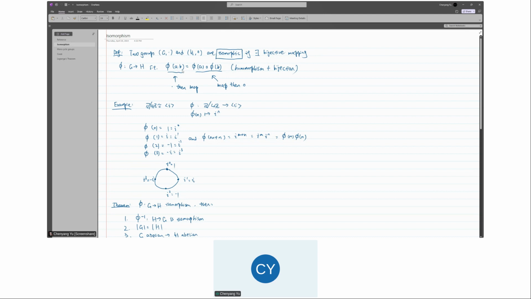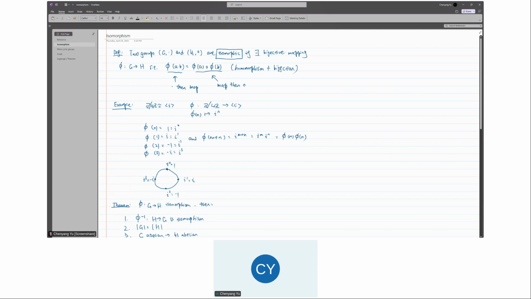A good way to memorize this is: on the left, you do the operation first and then do the map. On the right hand side, you do the map first and then do the operation. So it's like a flip order symmetry. This part is the homomorphism definition.